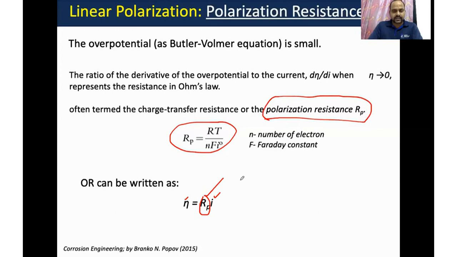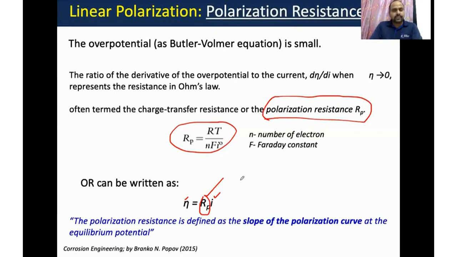Let's see how. The polarization resistance is defined as the slope of the polarization curve. Here you can see the definition: the slope of the polarization curve at the equilibrium potential. Greens and Siemens suggested in their study that the slope of the linear polarization curve, meaning RP, the polarization resistance, is inversely proportional to the corrosion rate.